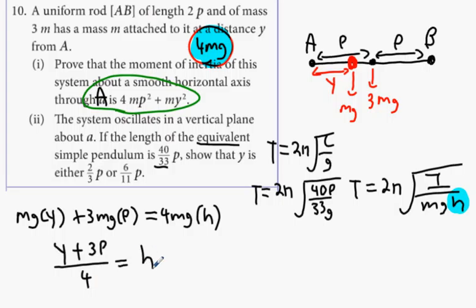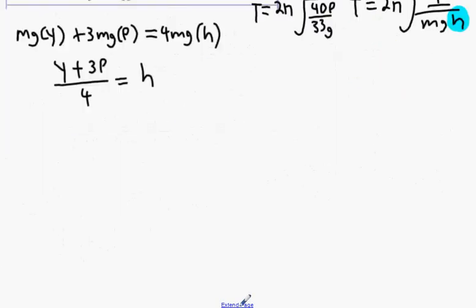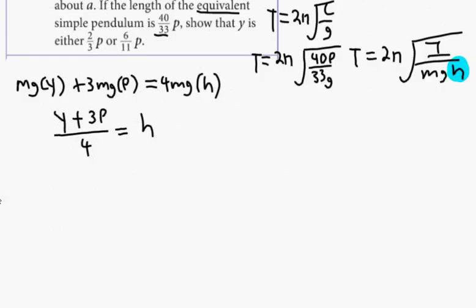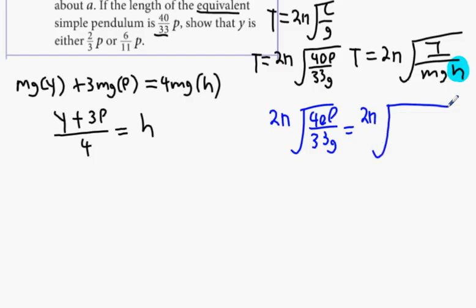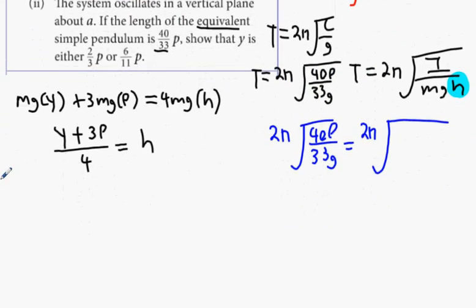Everybody alright with that? Alright, I have enough to work this. Let's continue. Okay. See the way this is going to equal this over 2 pi. What's our I value again, guys? We had it from part 1. 4mp squared plus my squared.